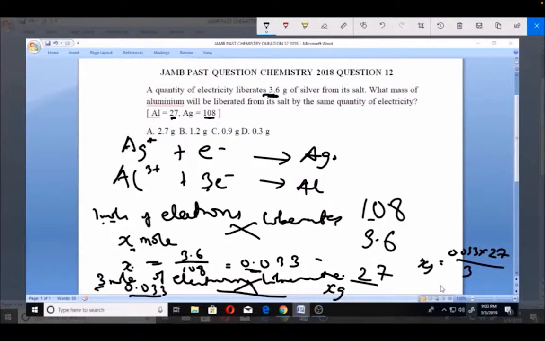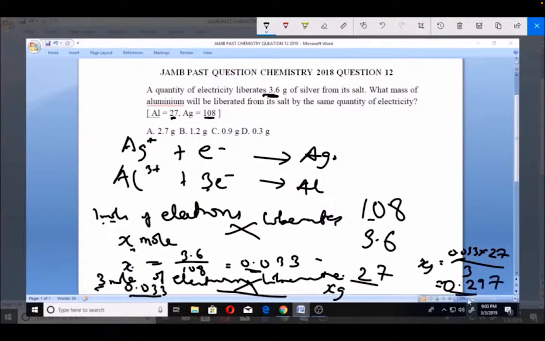So if you do this calculation, what are you going to get when you press the calculator? 0.033 times 27 gives us 0.891, divided by 3, which will now give us 0.297.